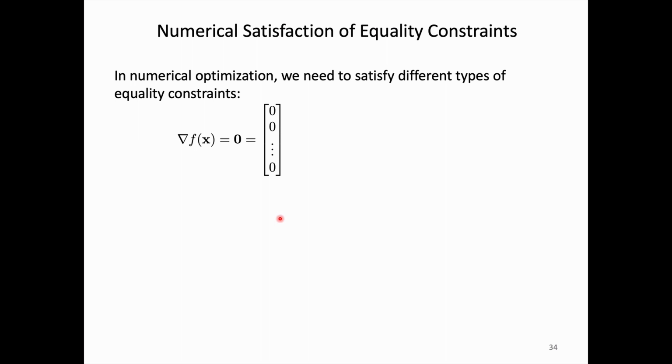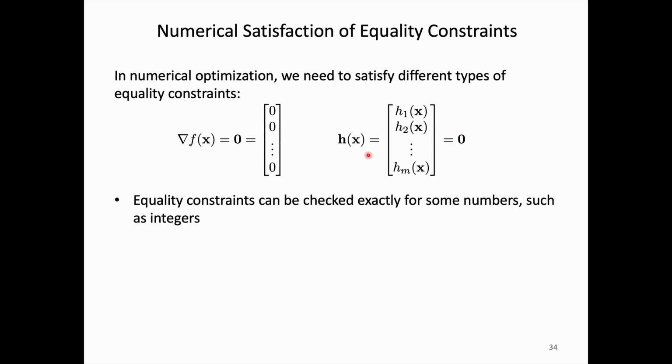We want to find points such that this set of constraints is satisfied. And similarly, if we have equality constraints in our problem, we want to make sure that these are satisfied as well. Let's think about equality constraints, though, in the context of a digital computer using floating point numbers.